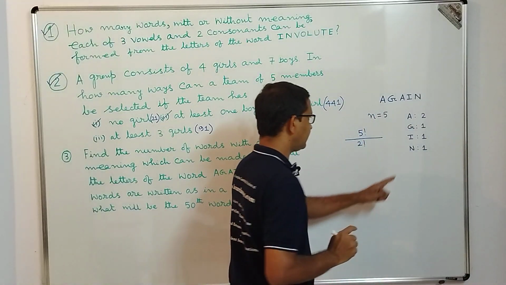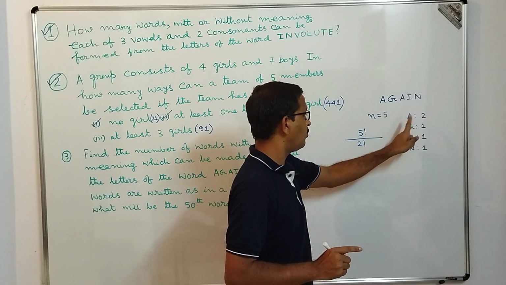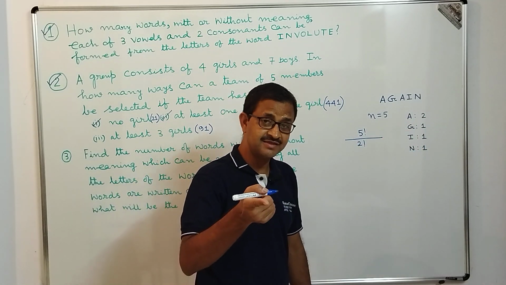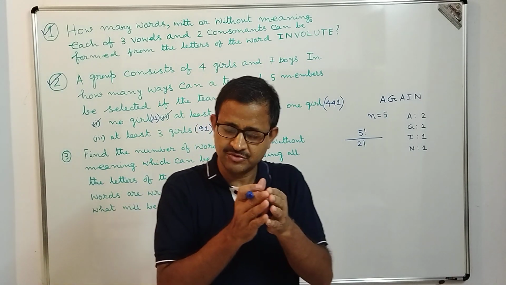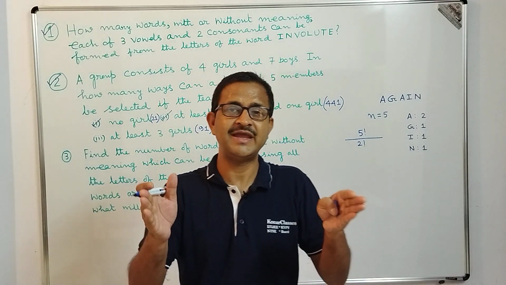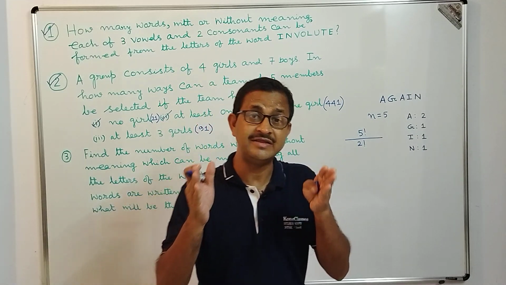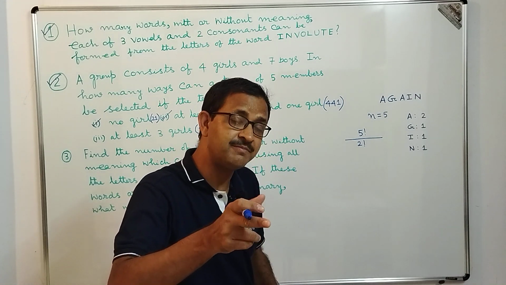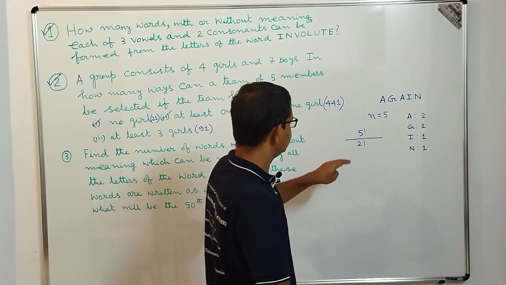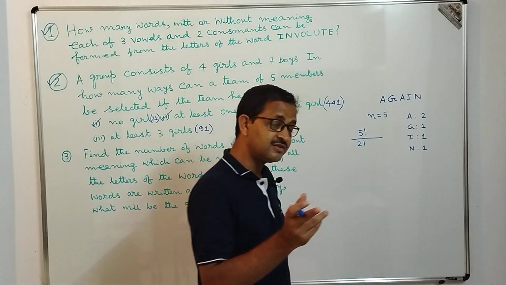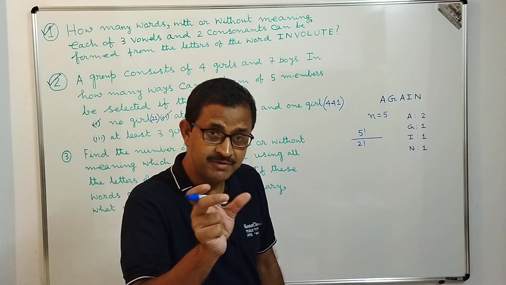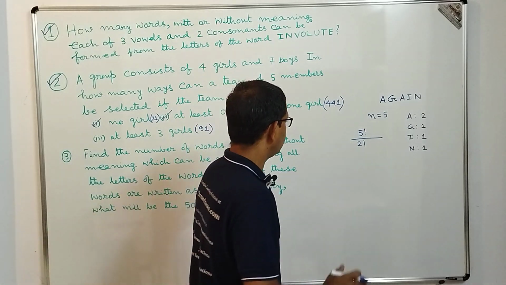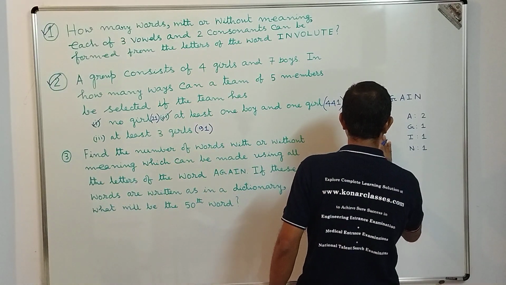Because there are 2 objects of one kind, that is A, and the rest are all distinct. Based on the formula, the arrangements among n objects when the objects are not all distinct is factorial n by factorial p1 into factorial p2 into factorial p3. Remember that formula? Similarly here, p1 objects are of one kind, p2 objects are of another kind, and in that way pk objects of another kind. So keeping this in mind, it is factorial 5 by factorial 2.